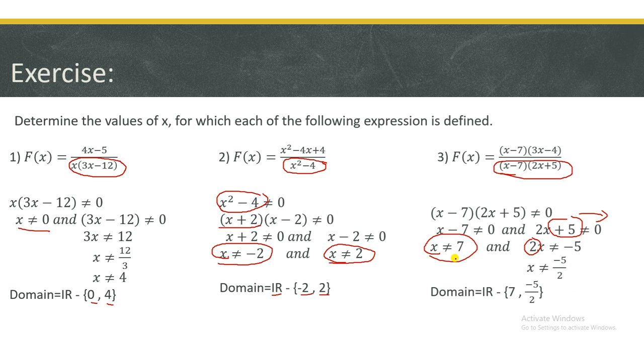Okay, so these are the values of x that f of x cannot be equal to, 7 or minus 5 over 2, to avoid 0 in the denominator. The domain of definition is all numbers except 7 and minus 5 over 2. Then f of x is defined when x does not equal 7 and x does not equal minus 5 over 2.